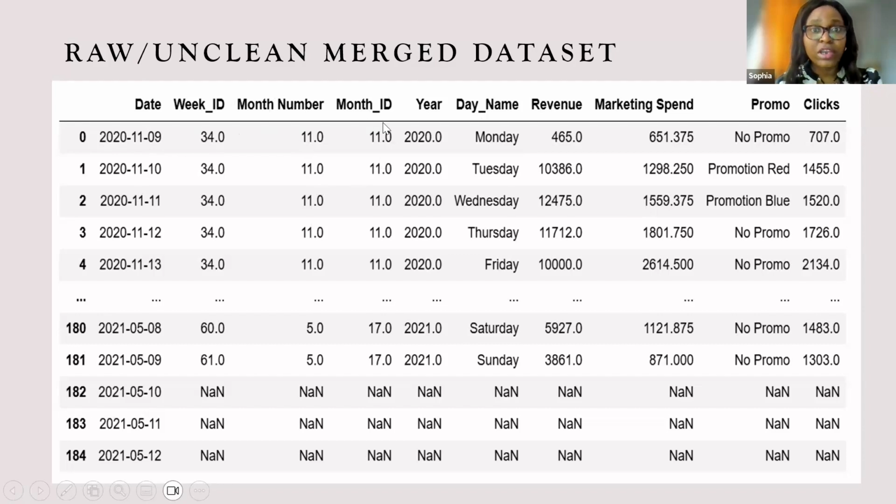Then you've got the month ID, the year it was carried out, the day name, revenue, marketing spend, like how much it costs to perform this marketing activity. And then you've got the promo. So there are some days whereby there was no promo done. There are some days whereby the promotion carried out was promotion red, and then you've got promotion blue.